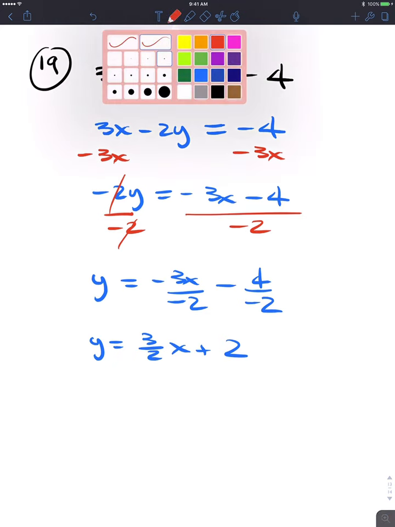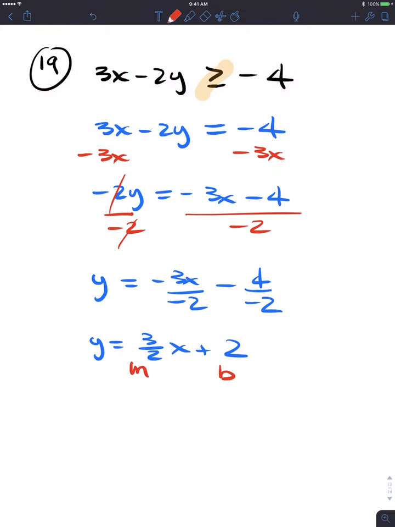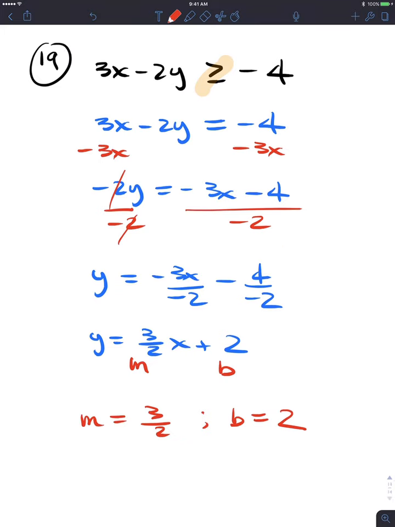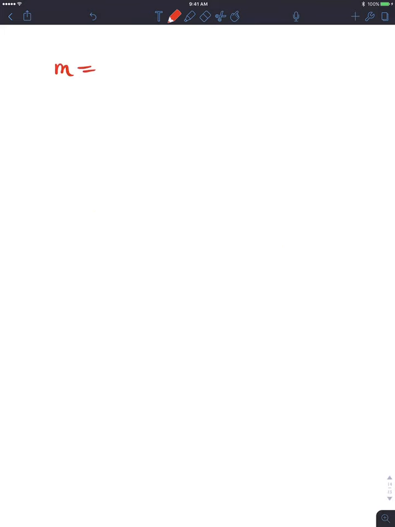Notice this. We have a slope and a y-intercept. My slope is 3/2. My y-intercept is what? 2. Slope, 3/2. My y-intercept, 2. Let's graph.